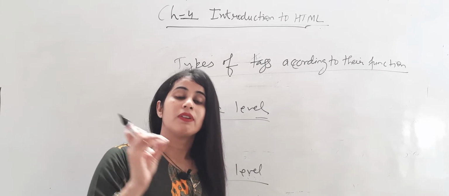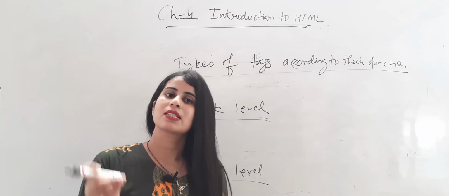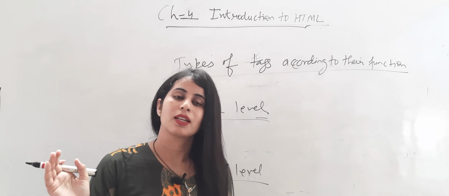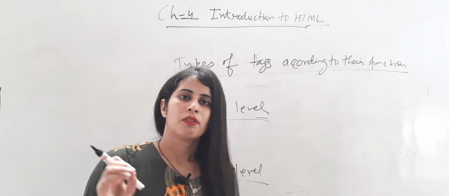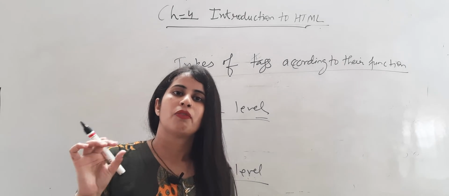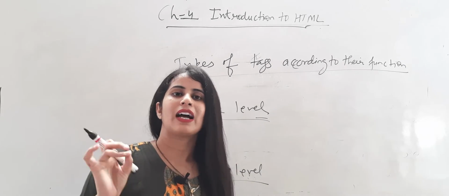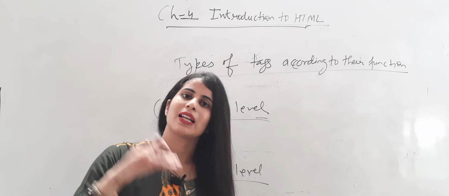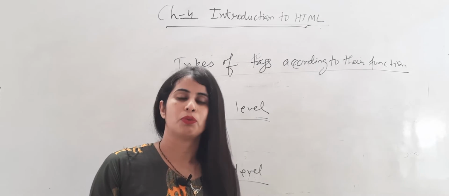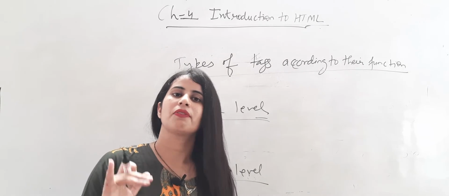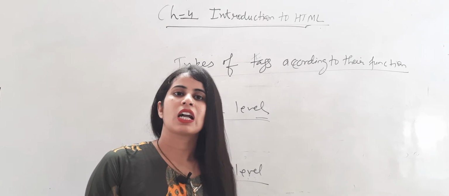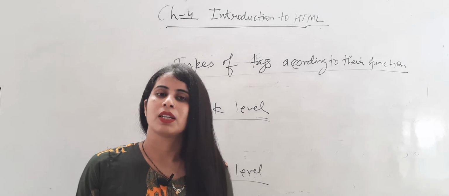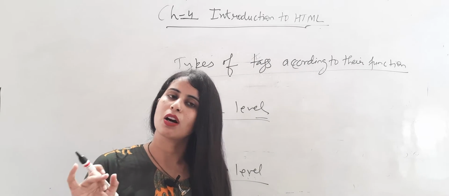And block level tags always start from a new line. Example, when we are using a heading tag, when we place a heading for our topic, every time after the heading, the letters that we are going to type come from the new line. Okay, a paragraph always starts from a new line. So these are a few examples of it.